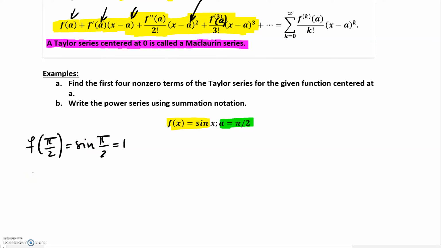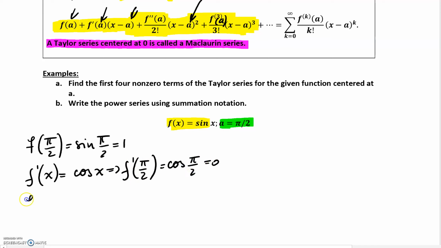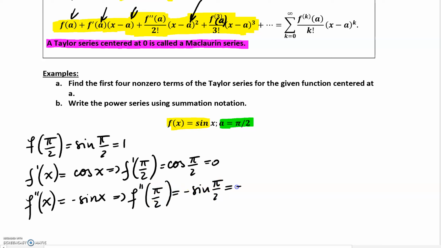Then we need the first derivative. So I'm going to calculate f prime of x, it's cosine of x, and f prime of pi over 2 is cosine of pi over 2, which is 0. F double prime of x is negative sine of x, which gives us f double prime of pi over 2 is negative sine of pi over 2, which is negative 1.